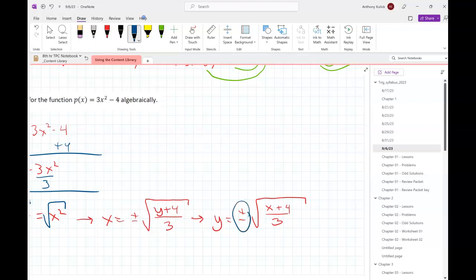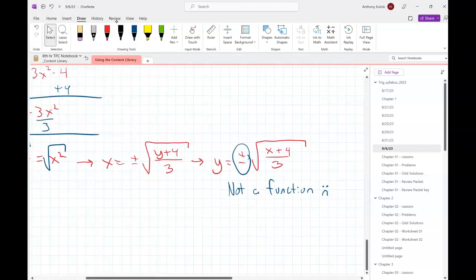What's this mean? It's not going to be a function. Oh no, that is a bummer.